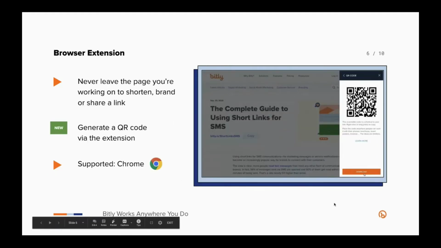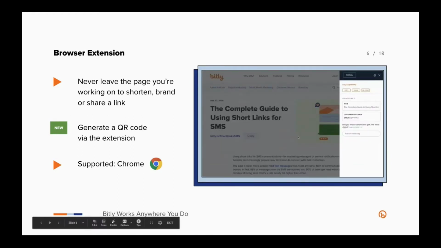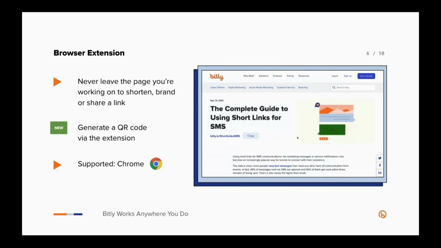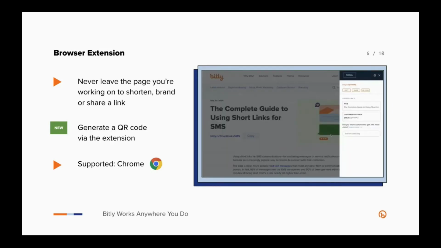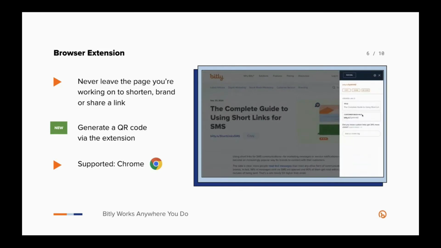All right, let's talk a little about the bit.ly browser extension. Awesome. So the bit.ly Chrome extension is another handy way to shorten and brand your links without having to open the bit.ly application. You may be on a web page that you want to share with your customers internally, or maybe just Slack to a friend of yours.